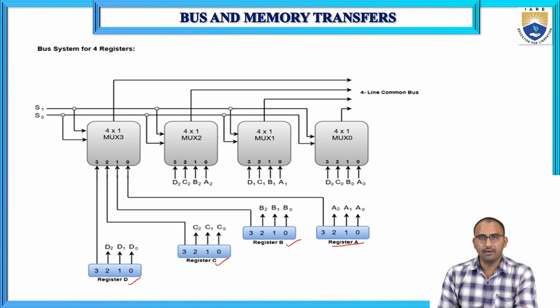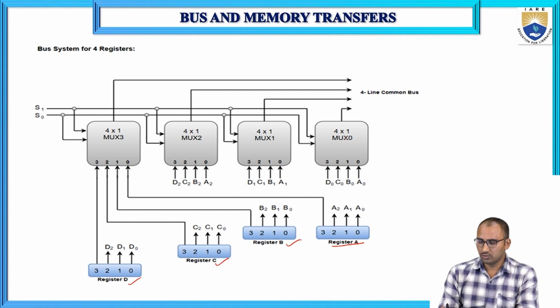This setup requires 4 by 1 multiplexers: mux 0, multiplexer 1, multiplexer 2, multiplexer 3. In total we require 4 multiplexers, each of size 4 by 1, meaning 4 inputs, 1 output, and 2 selection inputs.